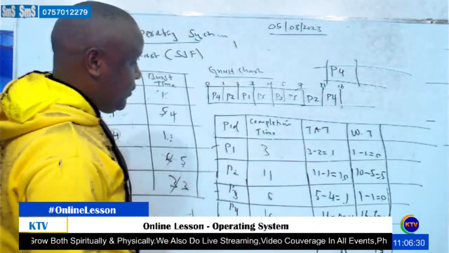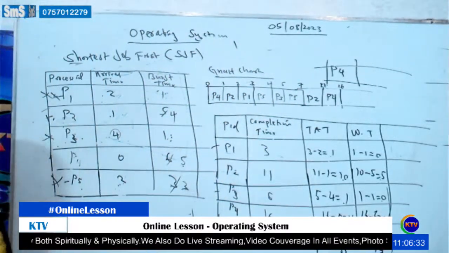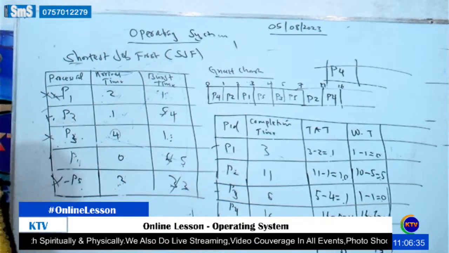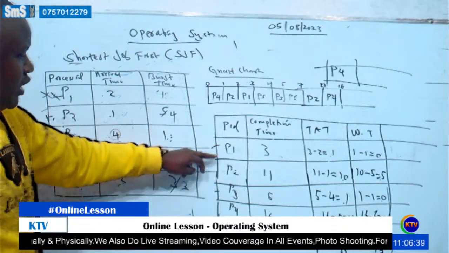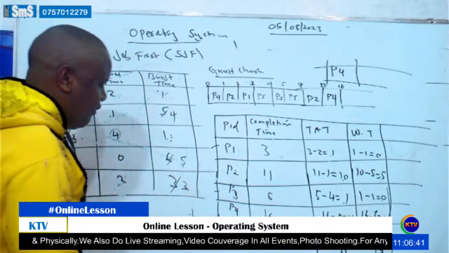We take the total and divide by the number of processes, 1, 2, 3, 4, 5.